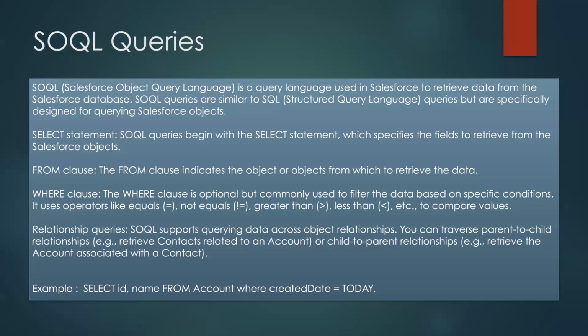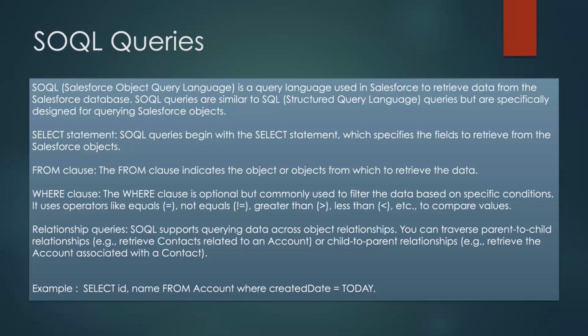The example you can see at the bottom of this screen is: select Id, Name from Account where CreatedDate equals today. The SOQL query will always start with a select. Select is a clause, and after that you will have the fields which you want to retrieve. Here I'm just retrieving the Id and Name fields.